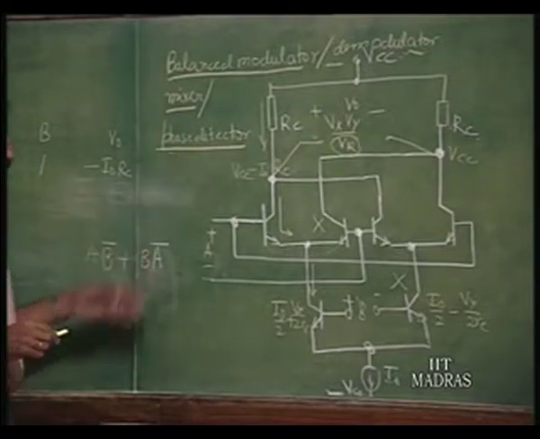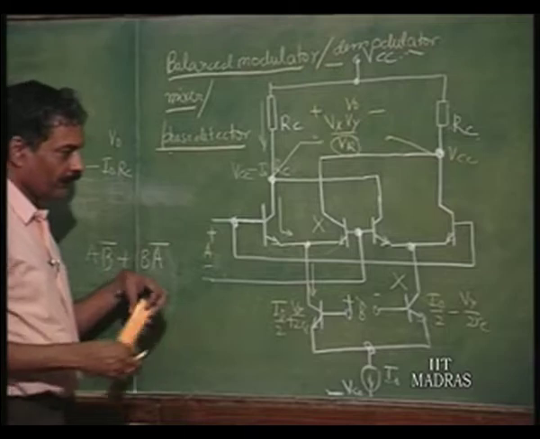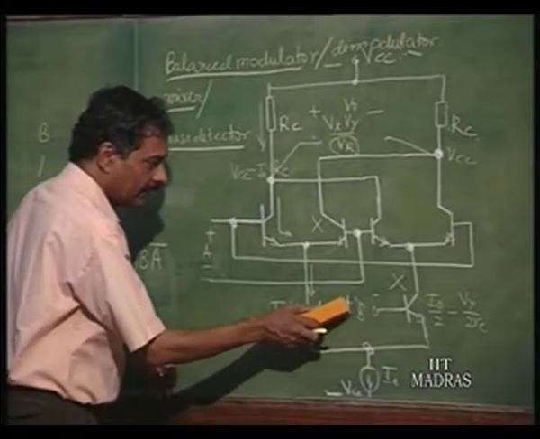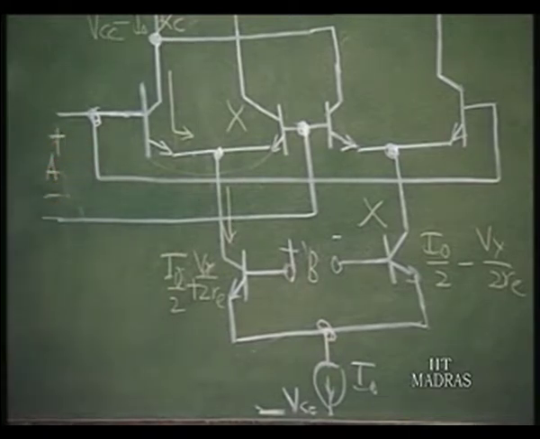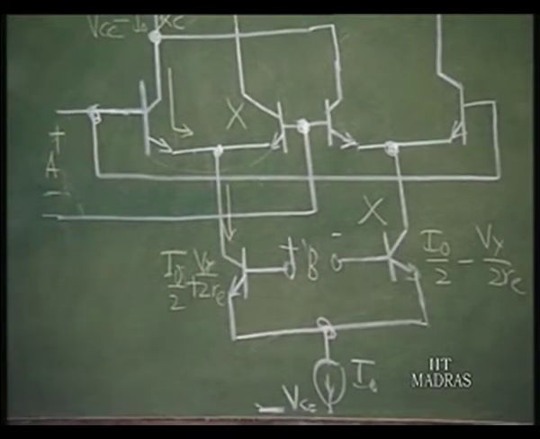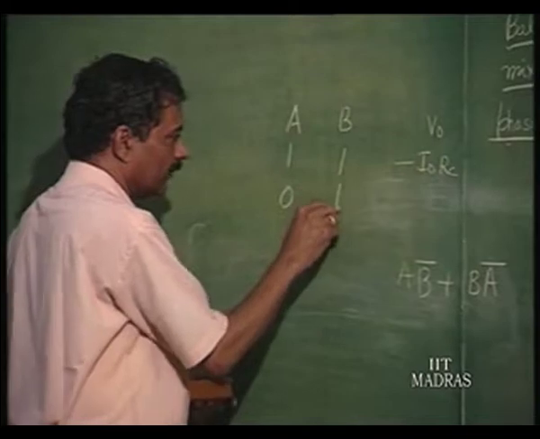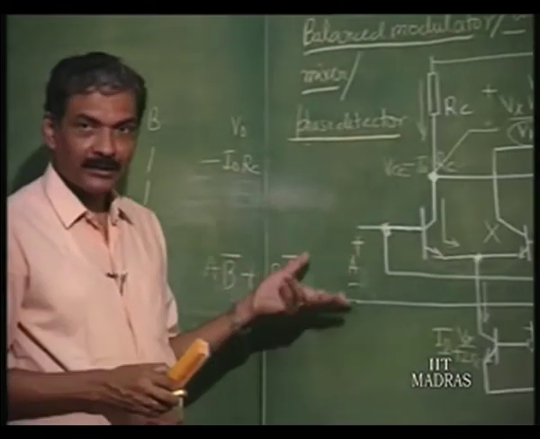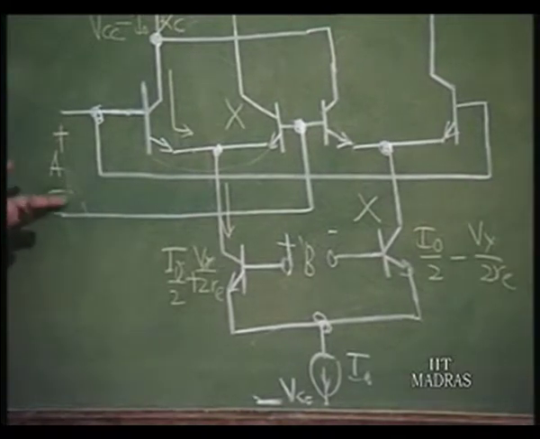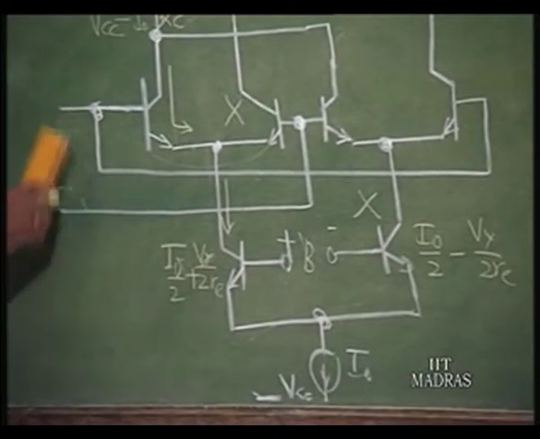Next, if B is remaining the same, A is changed, right. Let us say A is 0, B is 1. That means A is changing the polarity, this will be plus and that will be minus.